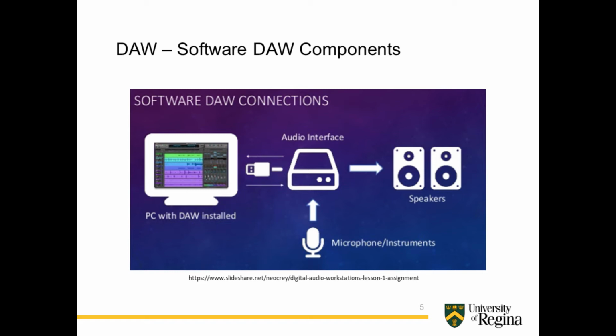So for example, if you want to record yourself, your input device can be the microphone, or it can also be an instrument, and you can use that for recording. On the DAW, once you click on the record button, you record yourself. Then after it's done recording, you can play it back and listen to it on the speakers. So it just gives you an idea of the software DAW components.